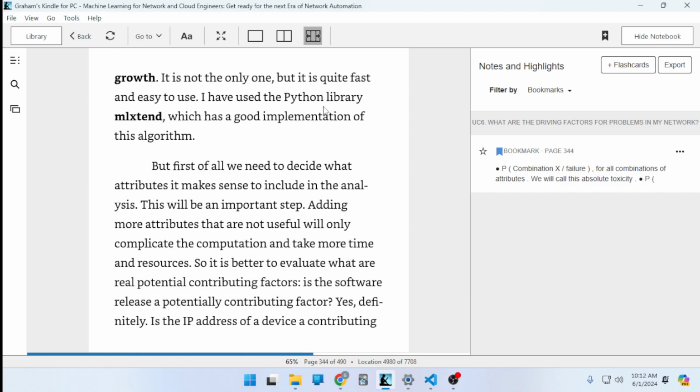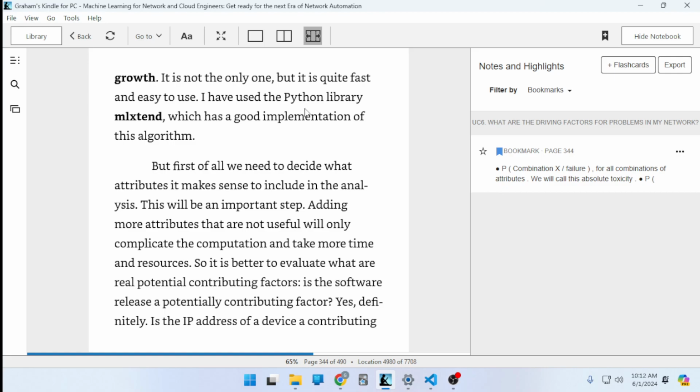It is not the only one, but it is quite fast and easy to use. I have used the Python library mlxtend, which has a good implementation of this algorithm. There, and he didn't write his own implementation of the algorithm. He used the library, an existing implementation of it.